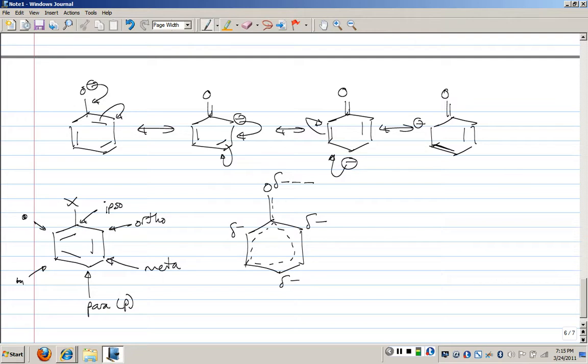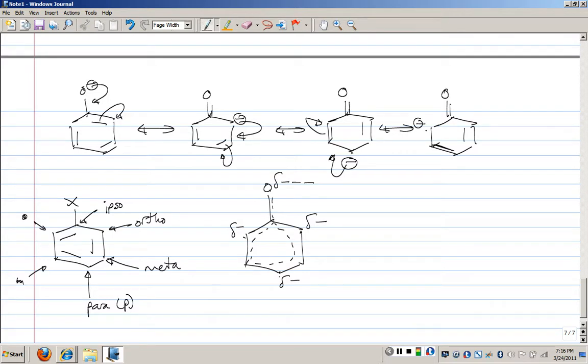Now, one of the things you'll note about the phenoxide is, because I can draw 4 resonance forms, what it really means is that there are 4 atoms, 1, 2, 3, 4, that shoulder the burden of the charge. So basically, the more resonance forms I can draw, the more dissipated the charge is, and therefore the more stable is the species.